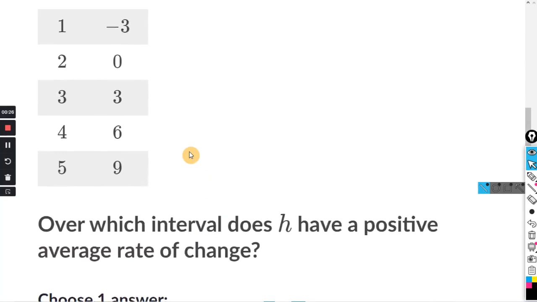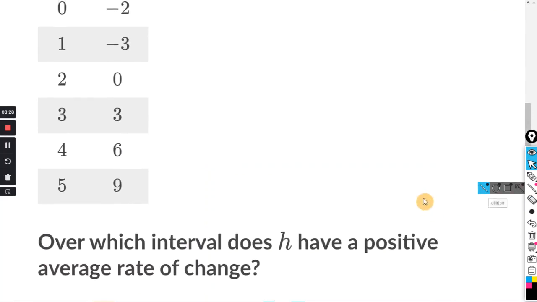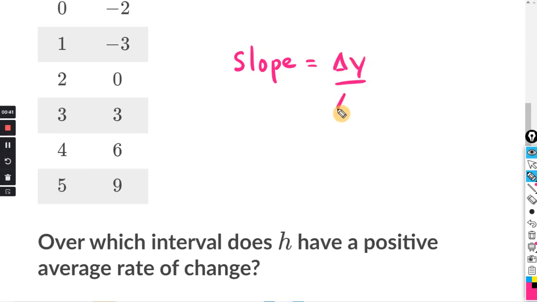All right, so rate of change, we're basically looking for the slope. If you remember, the slope is change in Y over change in X. So if you have a positive slope, that means either Y and X are both increasing or Y and X are both decreasing, okay?